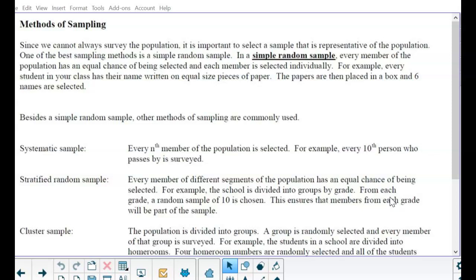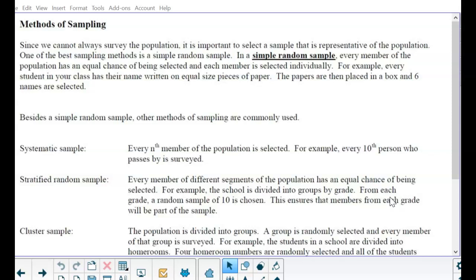If the school list is alphabetical, and let's say the first half of the alphabet happens to be mostly grade 12s, and you're going every 20th person, you're going to get more grade 12s than the rest, because there's half, whereas it should be really a third. So stratified makes sure that if you have different types of groupings, you include a random sample from each.